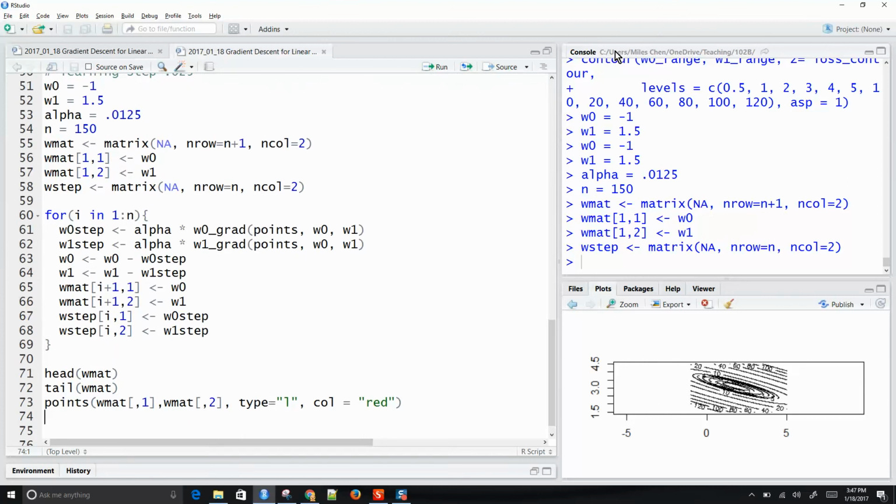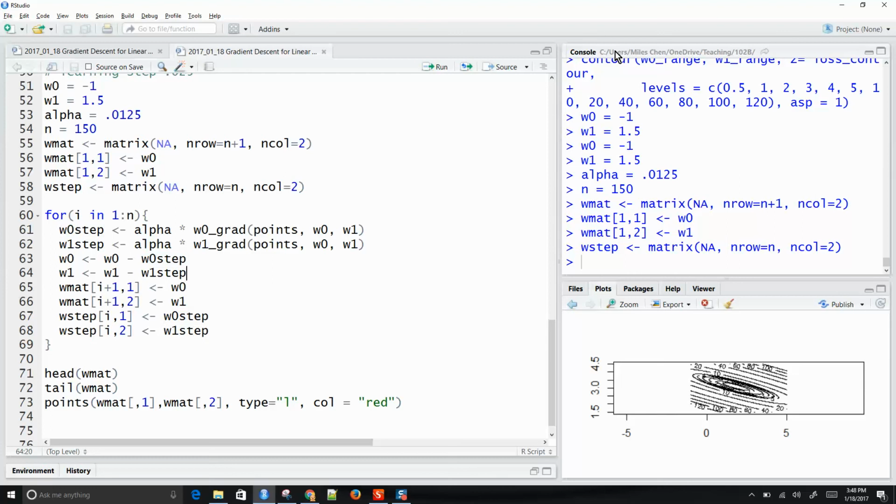And so we're going to take a step in the W0 direction, which is going to be alpha or lambda times the partial with respect to W0, and a partial with respect to W1. Then our next value of W0 is W0 minus the step in the W0 direction, and the next W1 is W1 minus the step in the W1 direction.